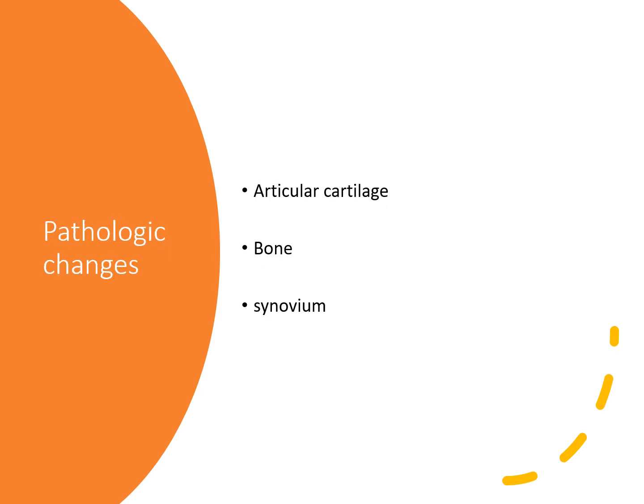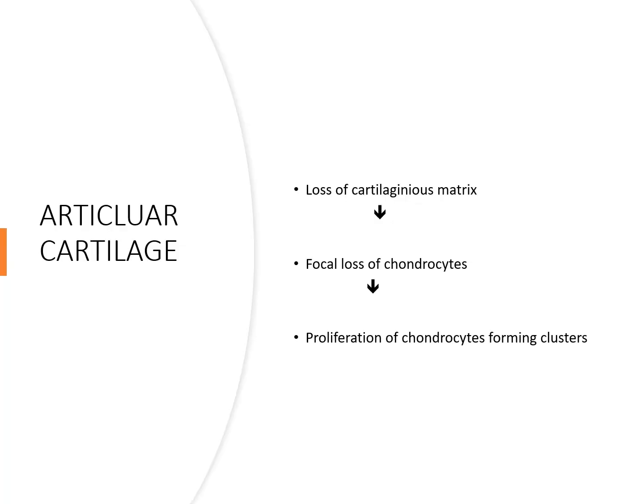So we can see pathologic changes in three areas: the articular cartilage, the bone itself, and the synovial membrane. Because of trauma or wear and tear, excessive weight, there is loss of cartilage. There is loss of chondrocytes, which are the cells that produce cartilage.